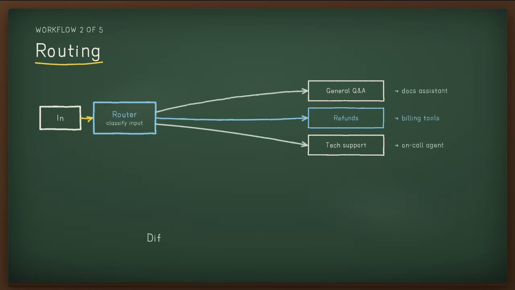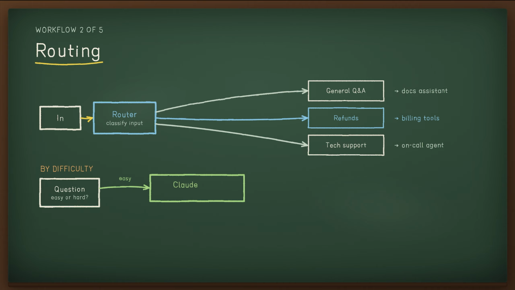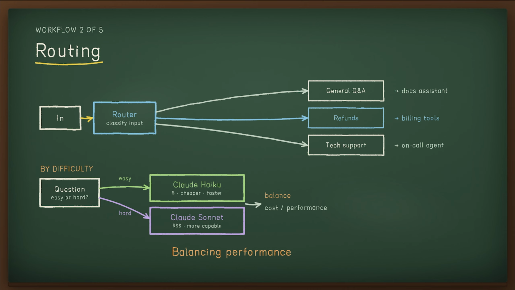For example, sending general questions, refund requests, and technical support down different paths, or routing easy, common questions to a smaller, cheaper model like Claude Haiku and hard ones to a more capable model like Claude Sonnet, balancing performance and cost.